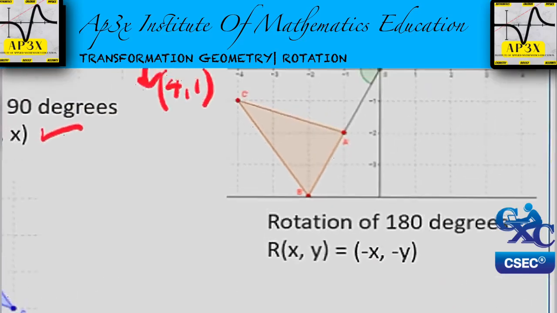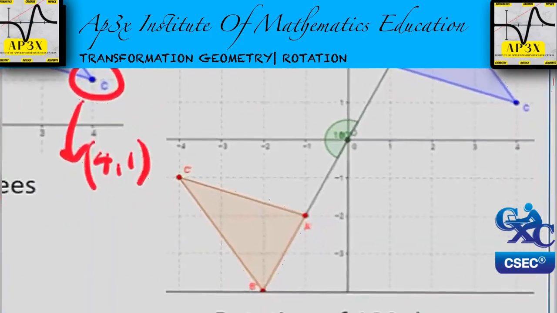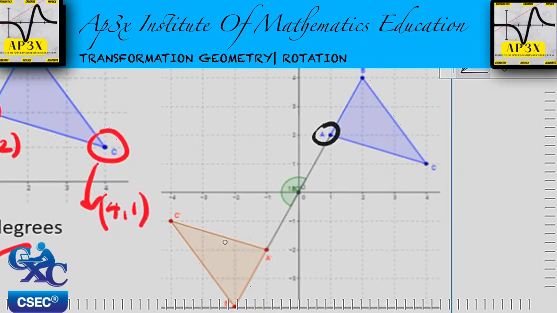And let us just make a comparison with the points here. Let's once again compare A and here A prime. A again here is (1, 2). I went 1 to my right and I went 2 up. You're going to find also that A prime is in fact (-1, -2): 1 to my left and 2 down.